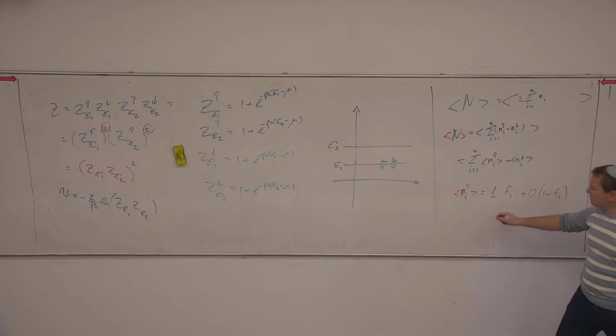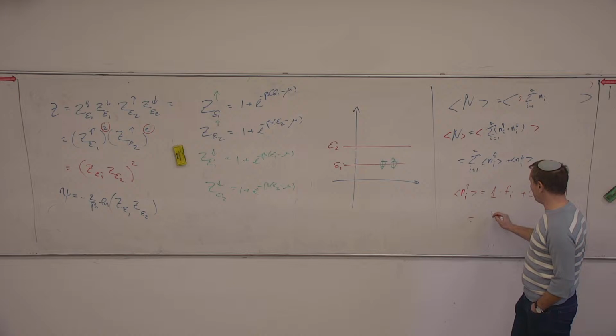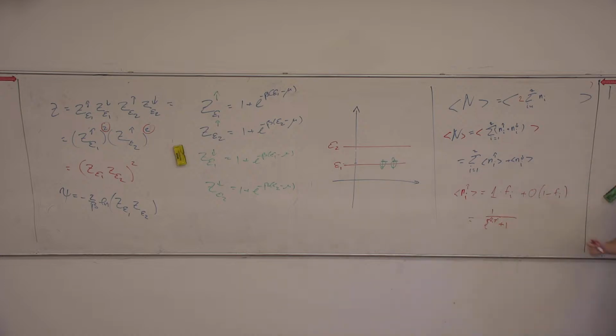Fi, I know what it is. It is simply 1 over e to the power beta epsilon i minus mu, plus 1, multiplied by 1. That's it. So you see, it's independent of the spin up or spin down.